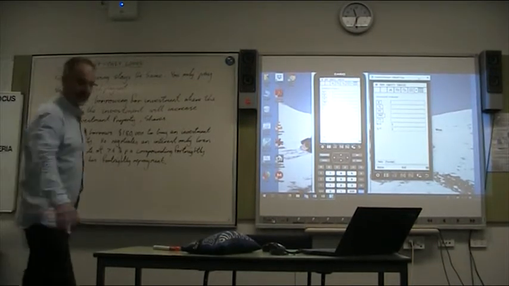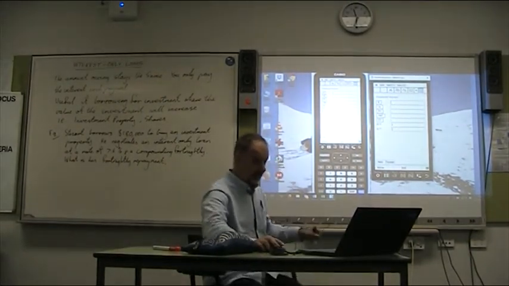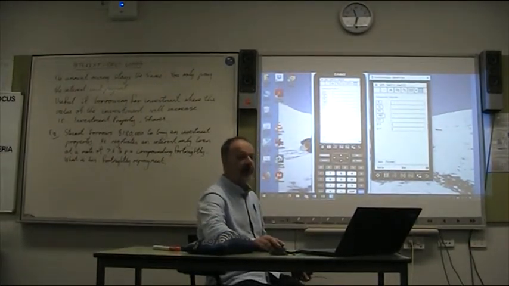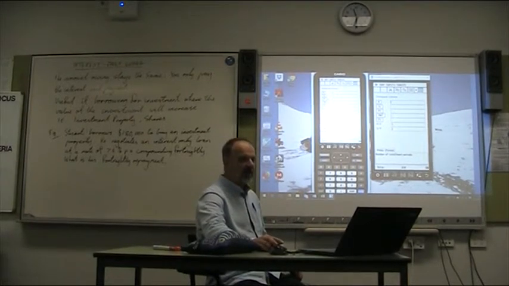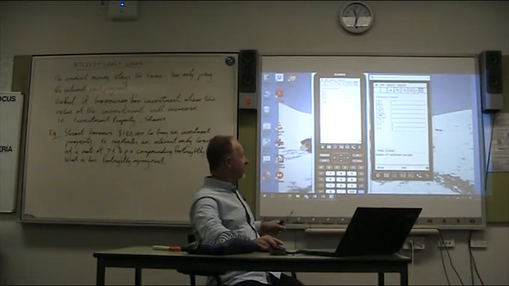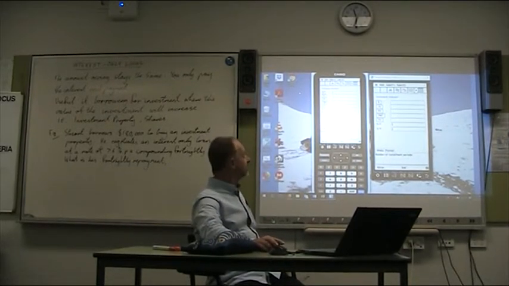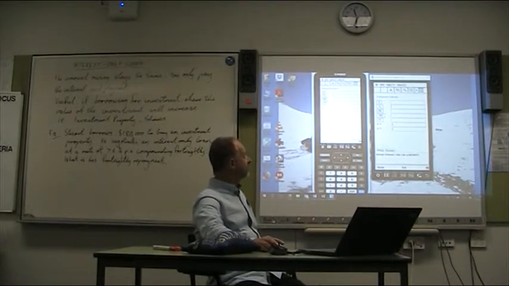Alright, so here we've got, so for those who weren't here last lesson, there's this help tab down the bottom, so if you forget what any of these things mean, you click on that help tab. So this N is the number of instalment periods. The next one down is the annual interest rate as a percent.